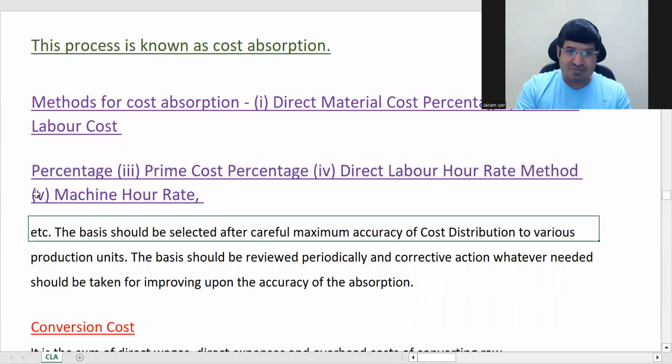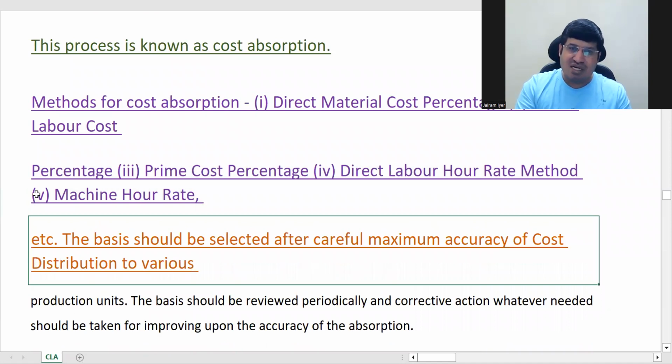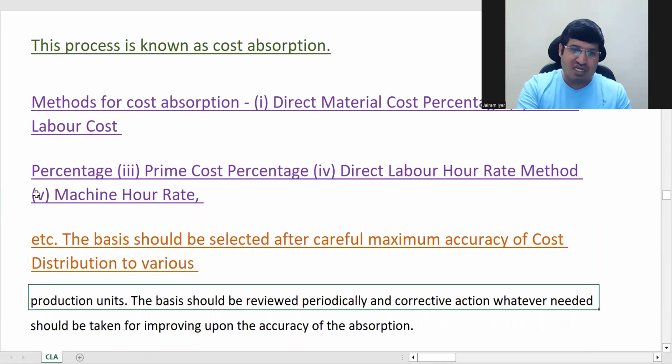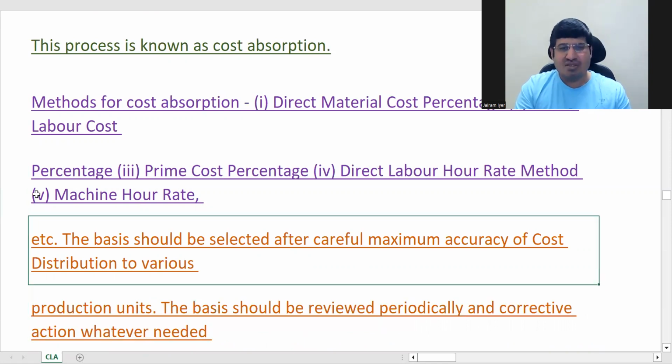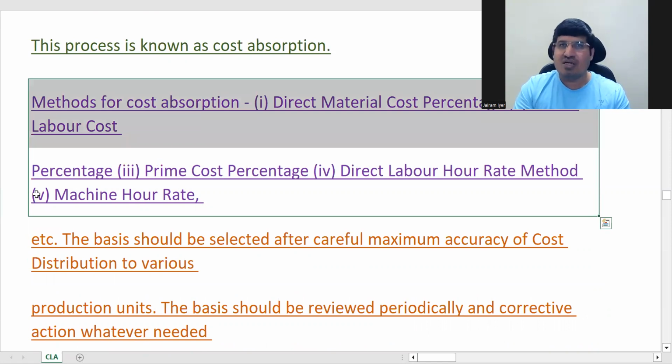Select the basis after careful consideration, for maximum accuracy of cost distribution to various production units. It depends on which has a more direct relation with the overhead. So it is different in different industries.